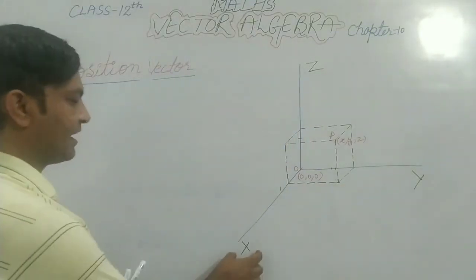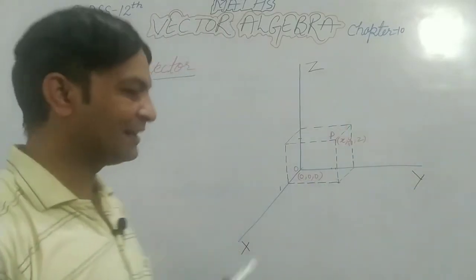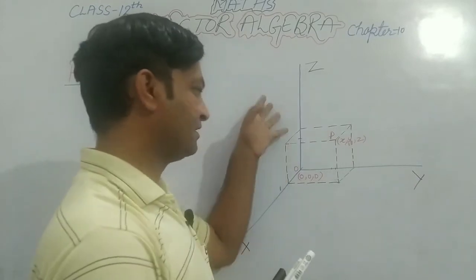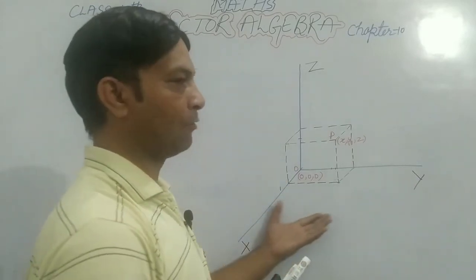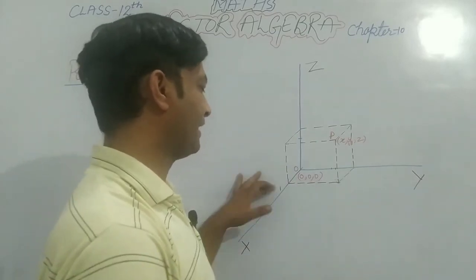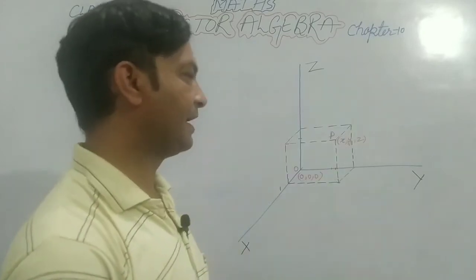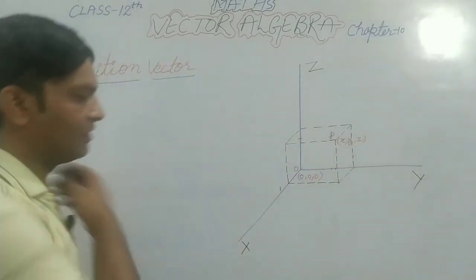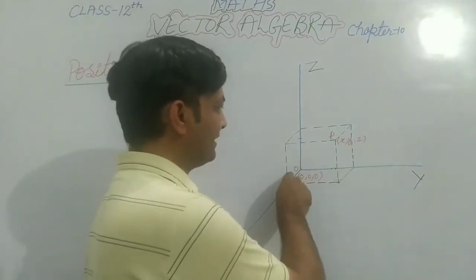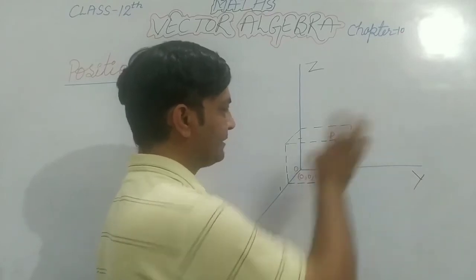This is the x-axis, y-axis and z-axis, and for all 3D vectors we will take the coordinate axes in such a way, x, y and z. We have O here as the origin, and we have a point P in space.